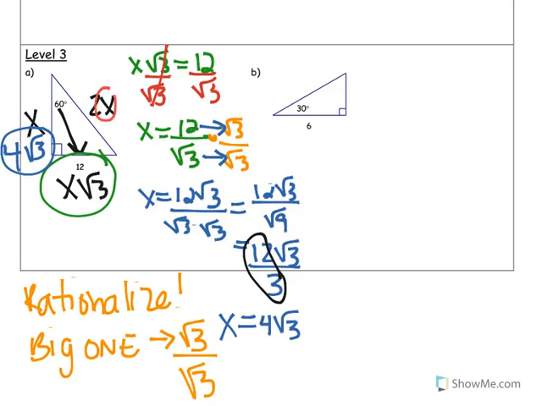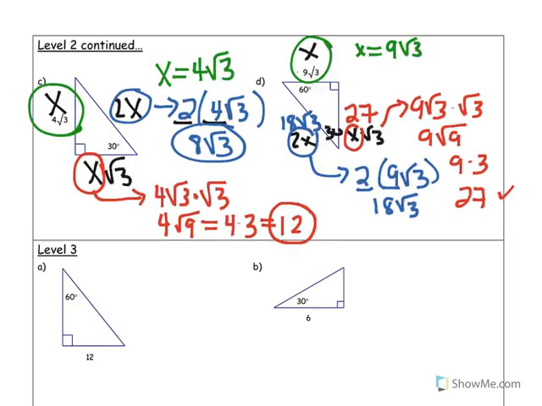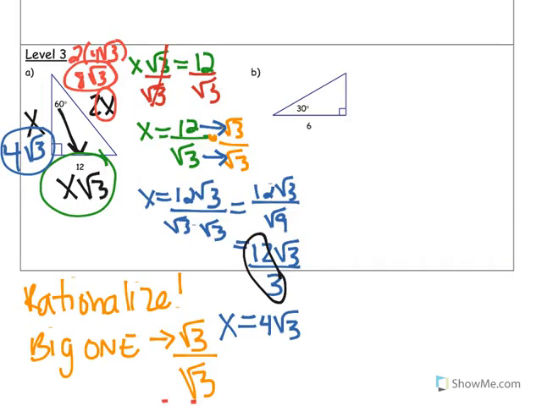So I have to do 2 times x, so 2 times 4 root 3, multiply 2 times 4, and I get 8 root 3. Okay, and this is actually the same example as level 2, I think C, right? We had the side lengths, we got 4 root 3, 12, and 8 root 3, which is what we've done. We just went in a different method, okay?